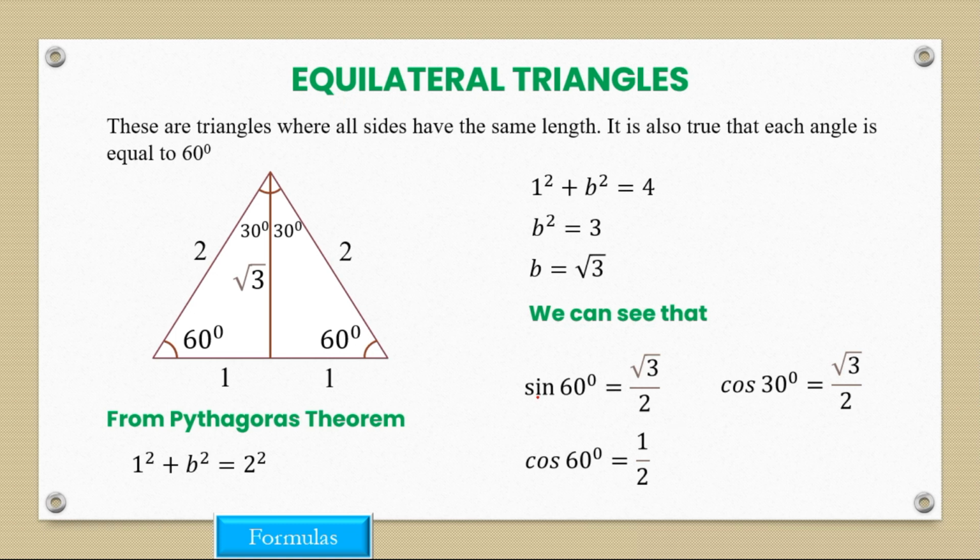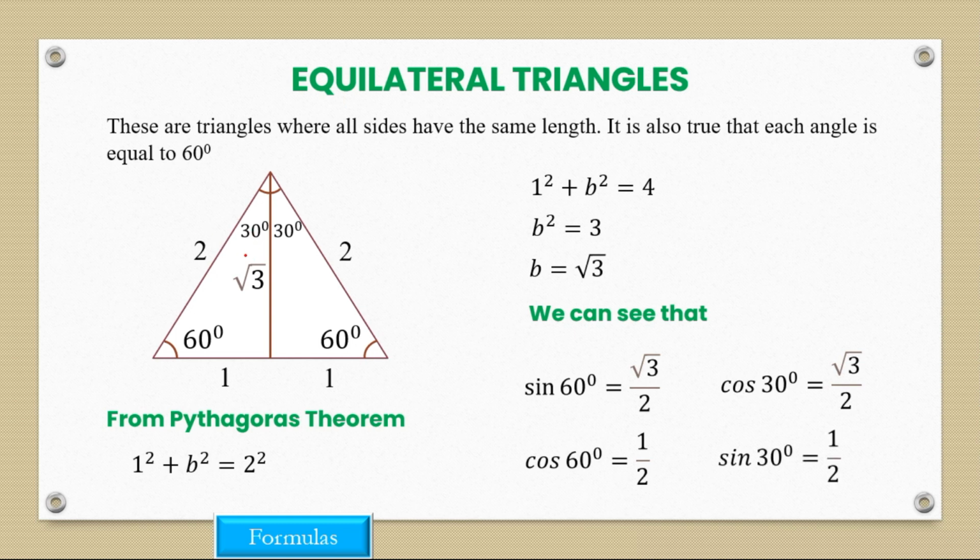We can also see that if we look at it from this side, so let's take this 30 here. If we were to get the cos of 30, what is the adjacent of the 30? The adjacent is root 3. And what is the hypotenuse? The hypotenuse remains 2. So cos of 30 becomes root 3 over 2.